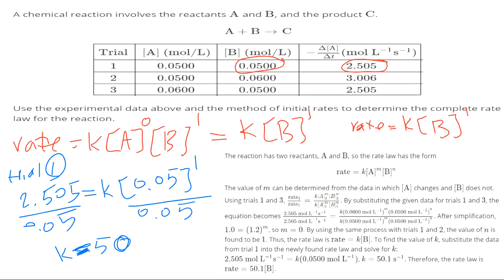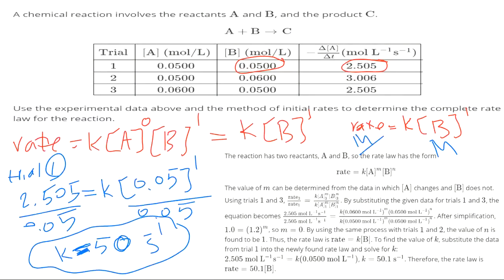What's the unit for k? Unit for k is going to be per second. And how do we know it's per second? Because this is a first order reaction. Another way: this is molarity, and this is molarity over second. What should k be, that if you multiply by molarity becomes molarity per second?